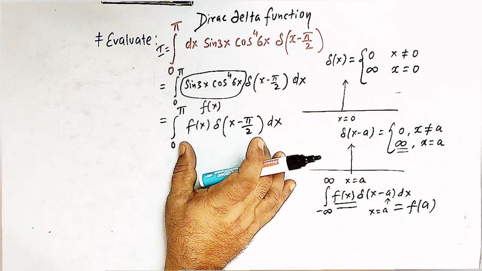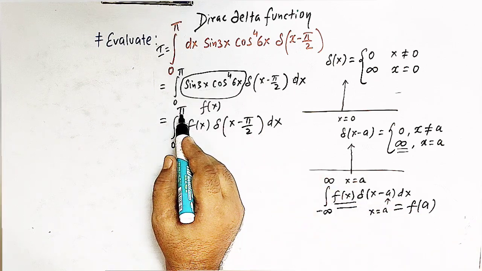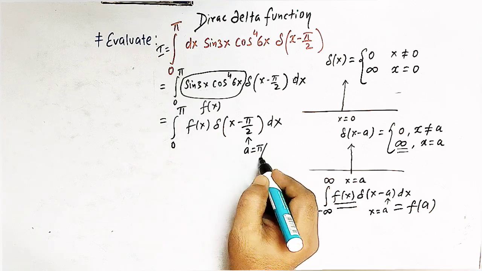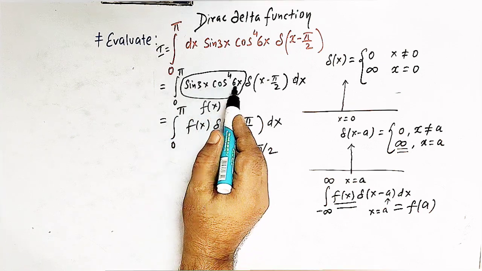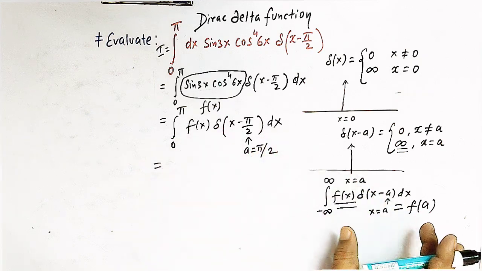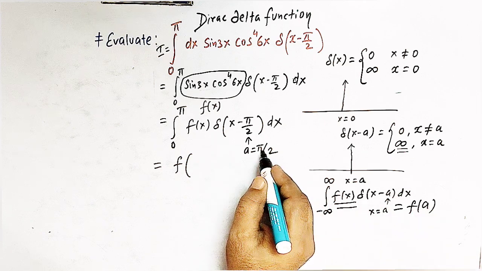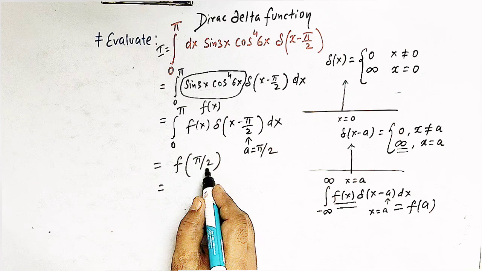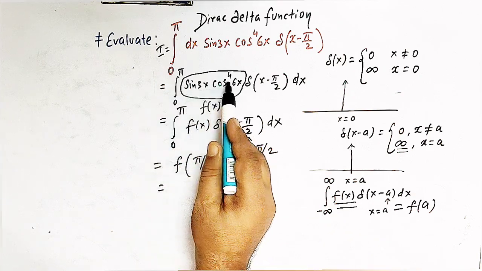If we compare this integral with this one, we can see that the bounds are 0 and pi, the value of a is pi by 2, and f of x is sine 3x cos 6x raised to 4. So using this property, we have f of a, and a is pi by 2. So we have f of pi by 2, and our function f of x is sine 3x cos 6x raised to 4.